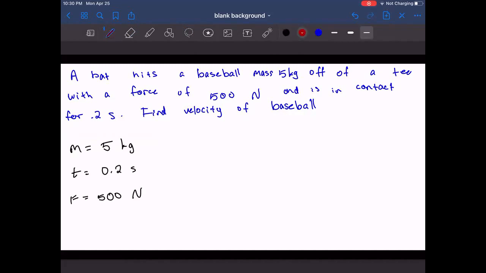What are we trying to use? The equation P equals F times t. Sorry, is that what you said?